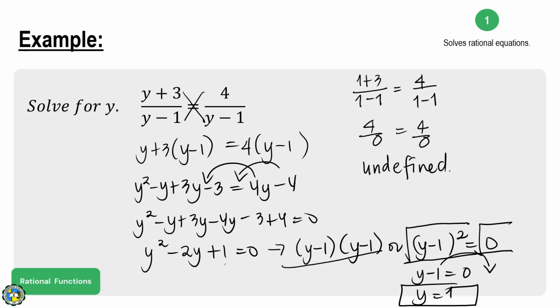Remember, that kind of solution will make our movement discontinuous, so we have discontinuity in the behavior of our given expression, most likely when we graph it. And that kind of scenario is rejectable. We have to reject that kind of setting.